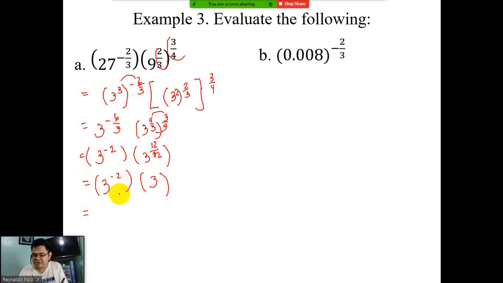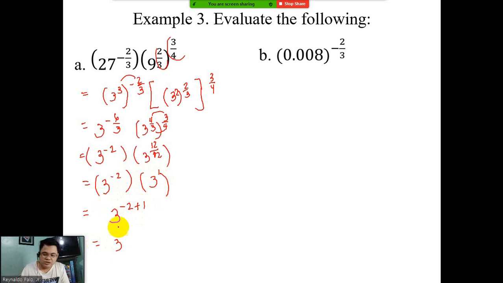Then the next thing is 3 raised to the power of negative 2. We have to reciprocate this for us to be able to simplify. But before that, of course, as you can see, we are dealing with multiplication law of exponents. We forgot about that. Okay, so copy the base and then add the exponents, negative 2, and here we have plus 1.